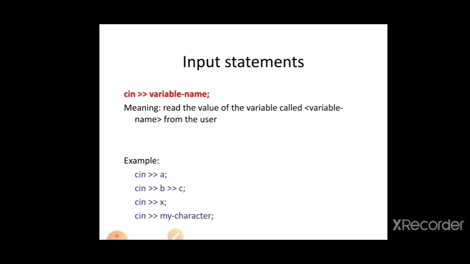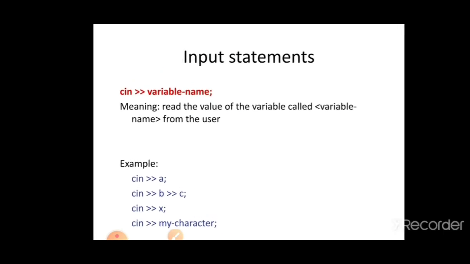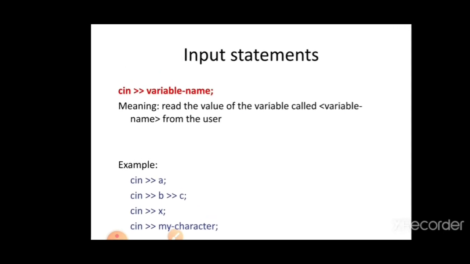Next we are going to see input statements. Cin, insertion operator, variable name. So cin is the input statement. Cin, insertion operator, variable name, means read the value of the variable called variable name from the user. Entering the values from the keyboard, it gets the value from the keyboard.